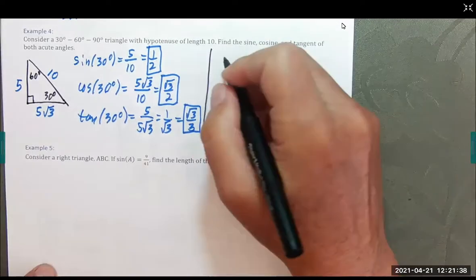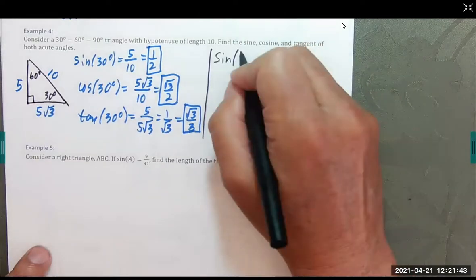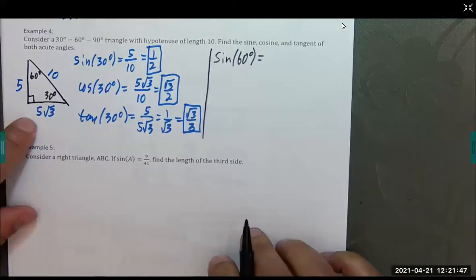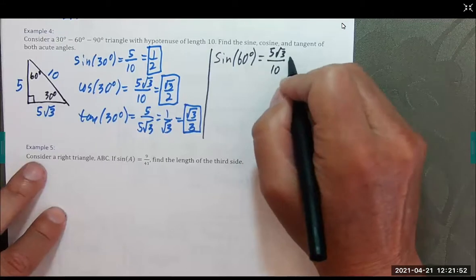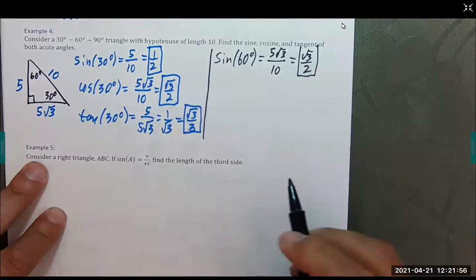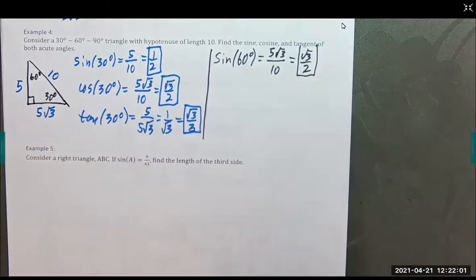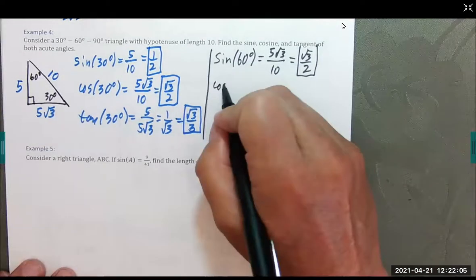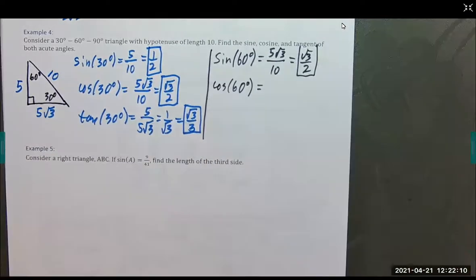Let's now do the sine of 60 degrees. These are two acute angles. So here's 60. The opposite is 5 root 3 over the hypotenuse, which is 10, or root 3 over 2. And once again, you'll note cosine of 30 degrees is the same as sine of 60 degrees. These patterns come up all over the place, all the time. The reason they're connected like that is because they're complementary angles.